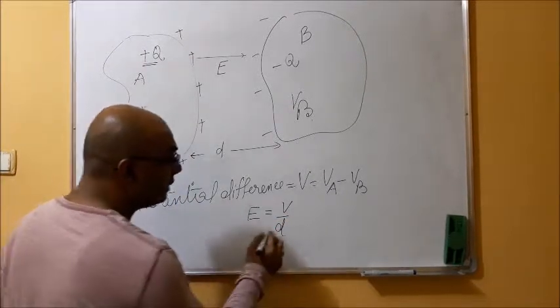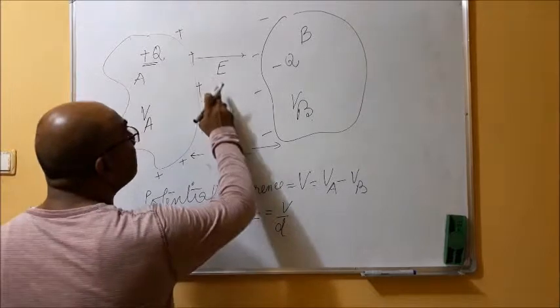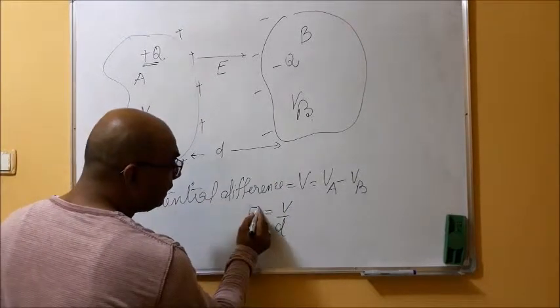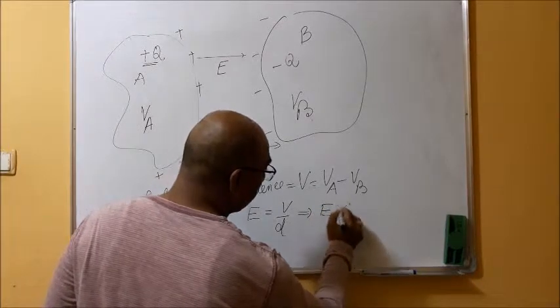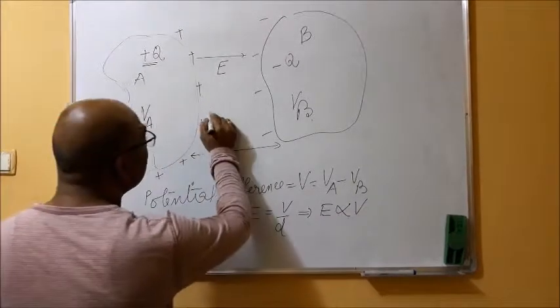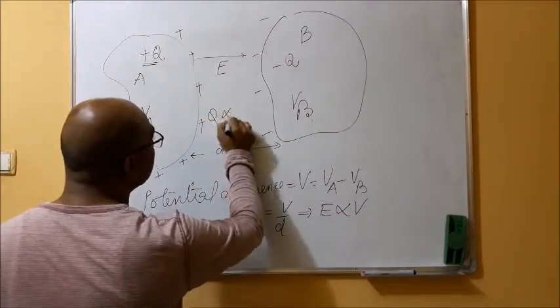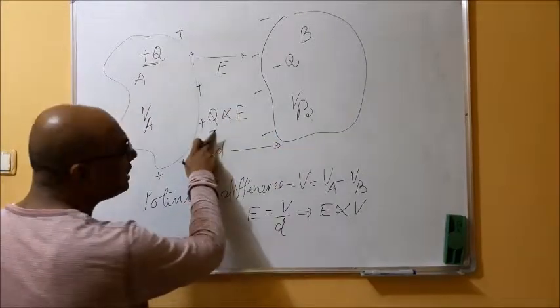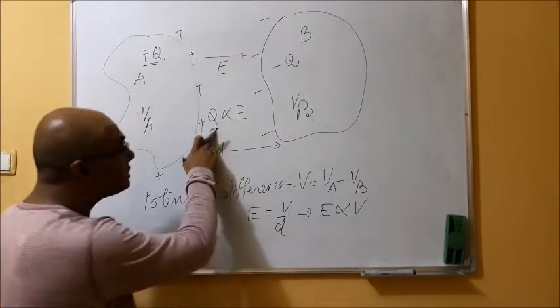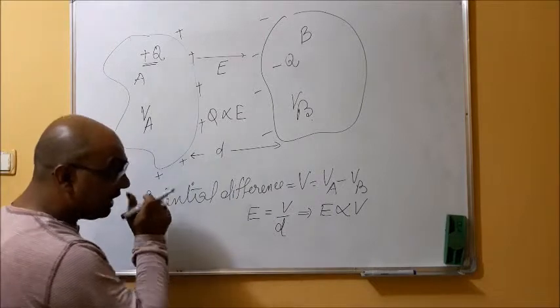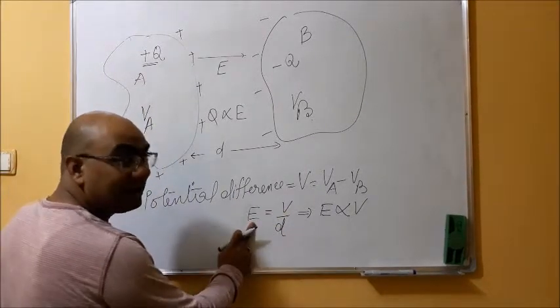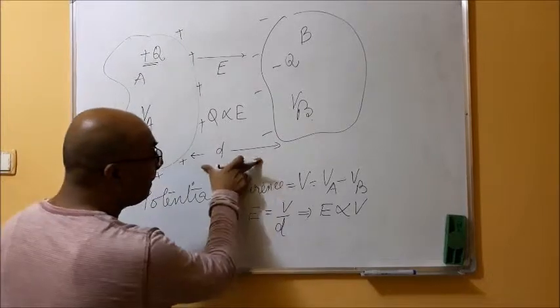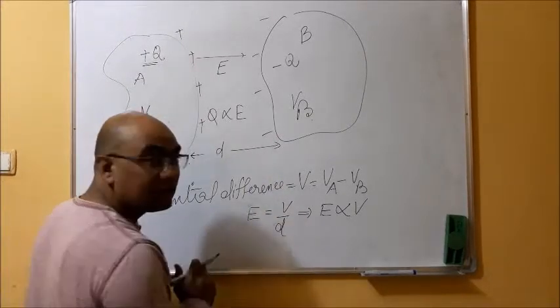This means you can say here that this E is directly proportional to V. And what we have seen here, that Q is directly proportional to E. More charge means more electric field, less charge means less electric field. At the same time, more electric field means more potential, less electric field means less potential.